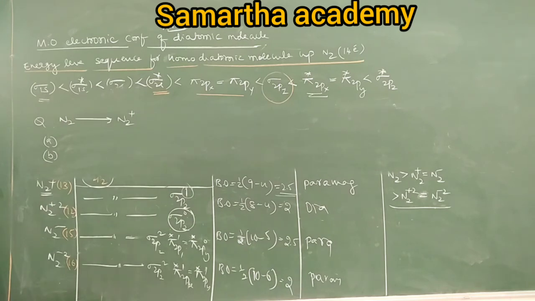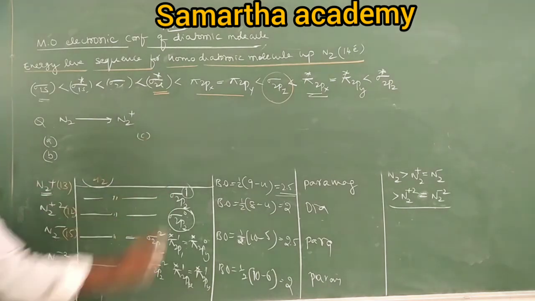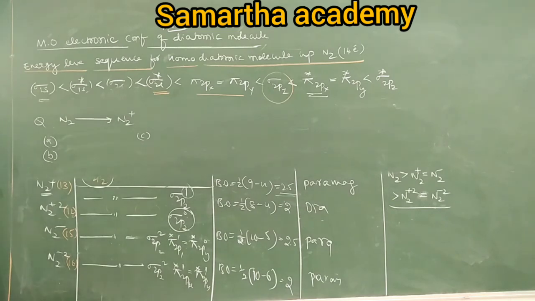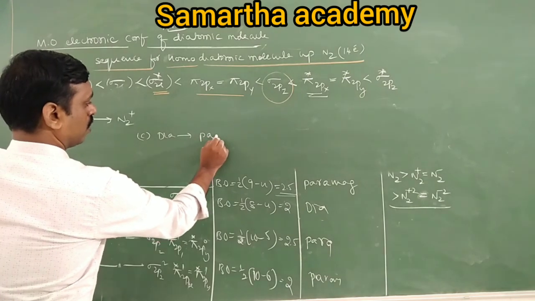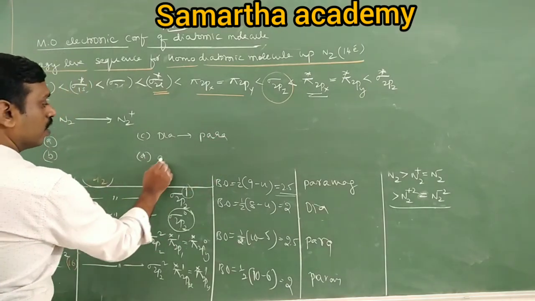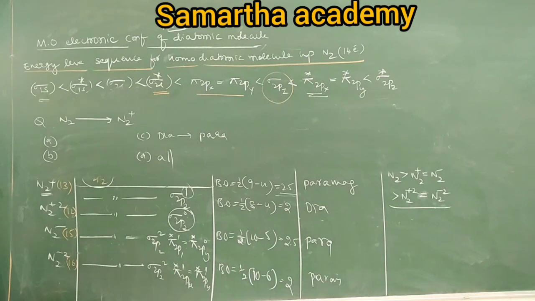B. Bond order decreases. C. Diamagnetic changes to para. D. All.